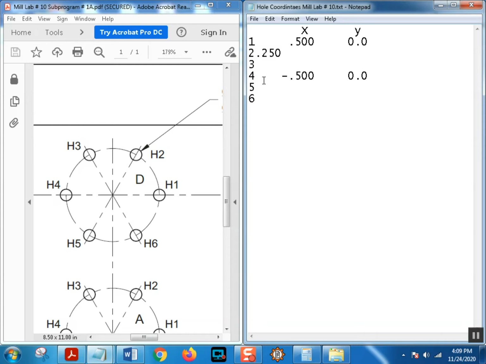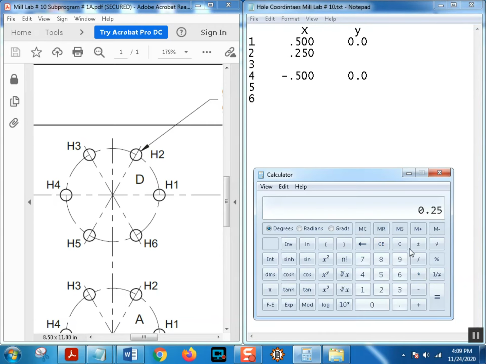we'll space it over there, okay, hit Control S if you haven't done that. You need to do one of these charts, just to keep track of all your holes. All right, so I've got 250 thousandths there. So now I'm bringing up my calculator again. Let's clear that back out. Again, we're going to put 30 degrees.